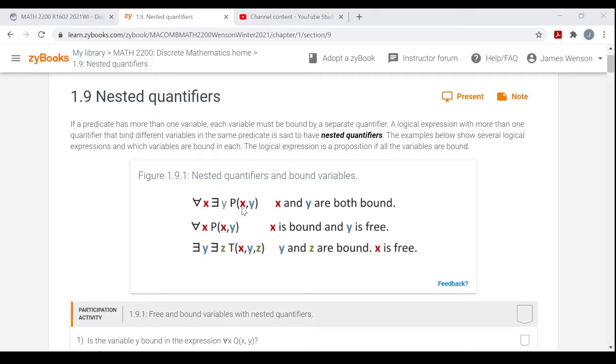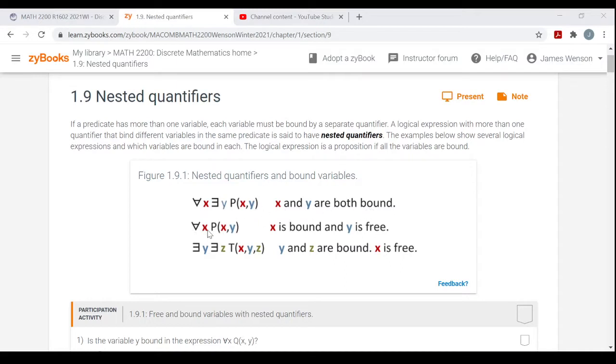So this first one, for every x, there exists a y, such that p of x y. See how x is bound by the for all, the universal quantifier, and y is bound by the existential quantifier. So both x and y are bound.